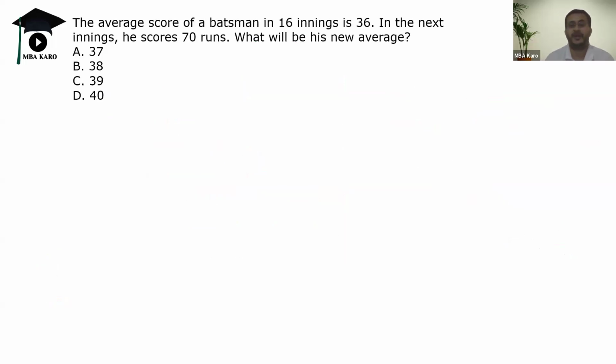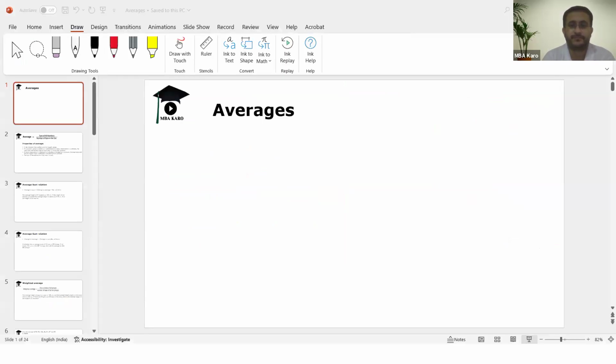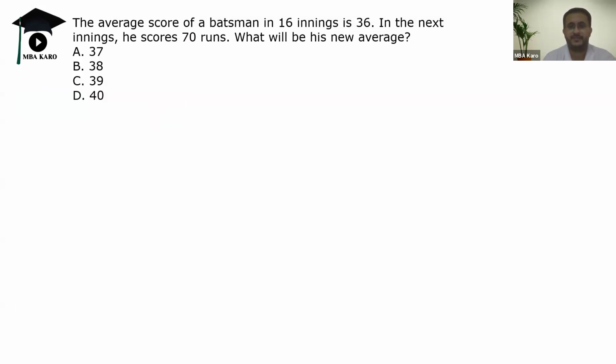The average score of a batsman in 16 innings is 36. In the next innings, he scores 70 runs. What will be his new average? So this is a typical question on change in averages. The average score is 36 over 16 innings, and he scores 70 runs.